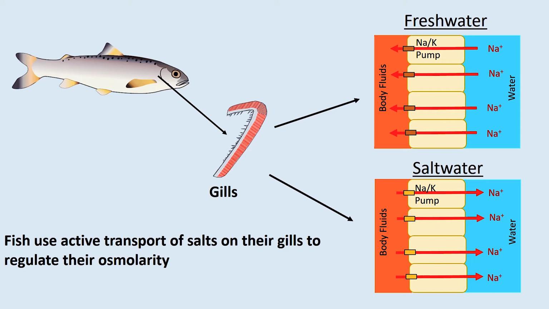In the case of saltwater fish, they have the opposite problem. Their internal bodily solutions are going to be hypoosmolar relative to what's outside. As a result, they're constantly losing water to their surroundings.